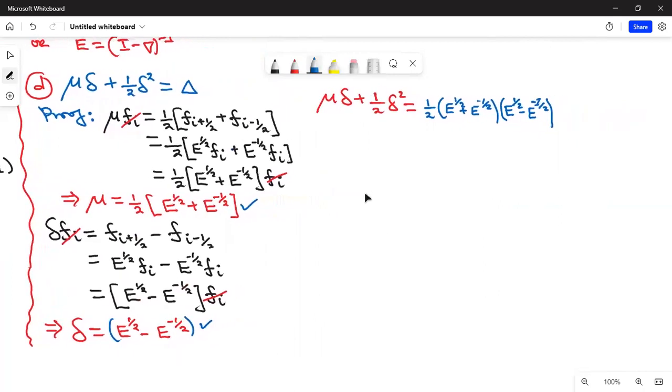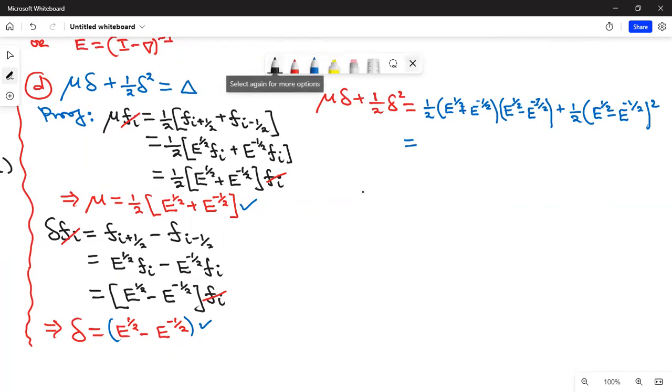So I can take this here. So you have plus 1 over 2 times delta squared. So delta is shift raised to 1 over 2 minus shift raised to negative 1 over 2, and this should be squared. So remember the binomial expansion.